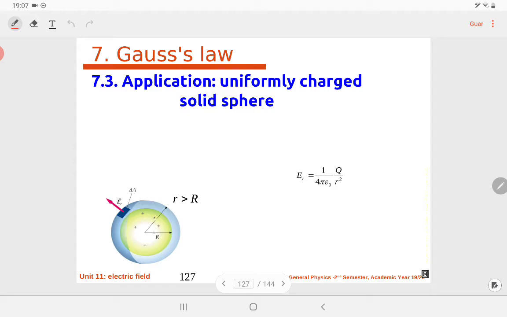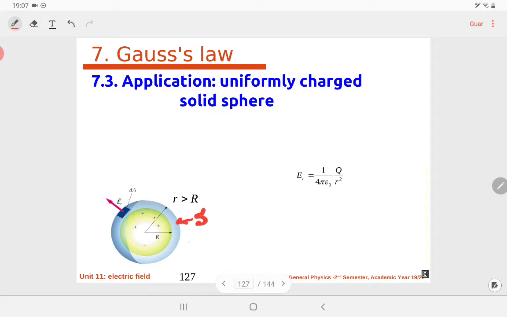If we are seeking to find the electric field outside of this solid sphere, we would first have to decide which is the best surface where to apply Gauss's law. And given the symmetry of the problem, this is going to be again a spherical surface with the same center as the solid sphere. Okay, and this is denoted by this blue.